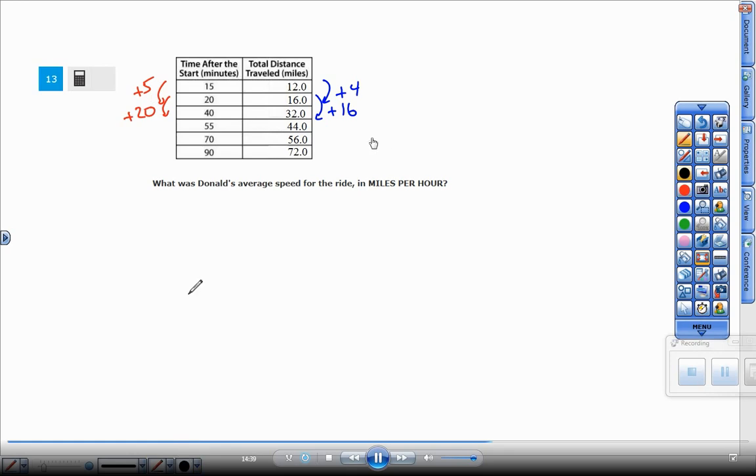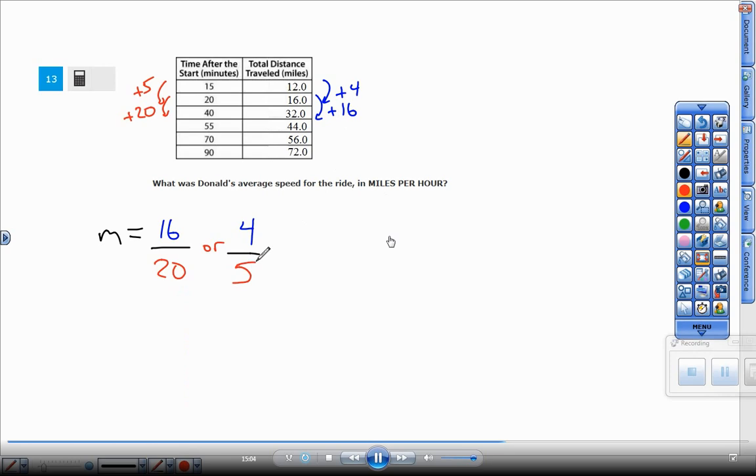So I could either use 4, because again these are the y numbers, 4 over 5, or I could use 16 over 20, or this 12 over 15. Any of those are equivalent. I'm going to use the smallest one, 4 over 5, with my units.